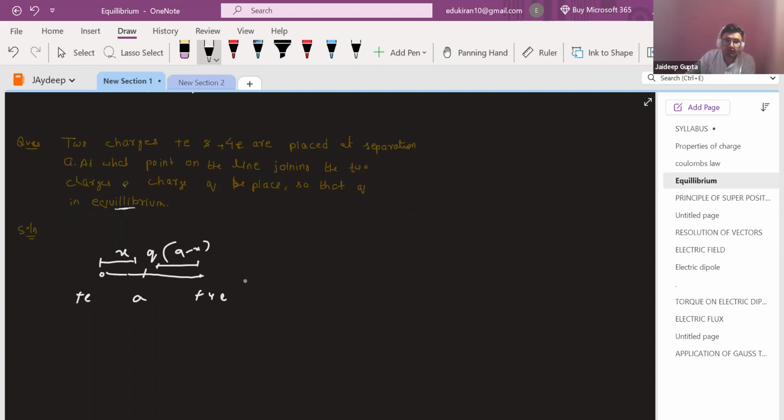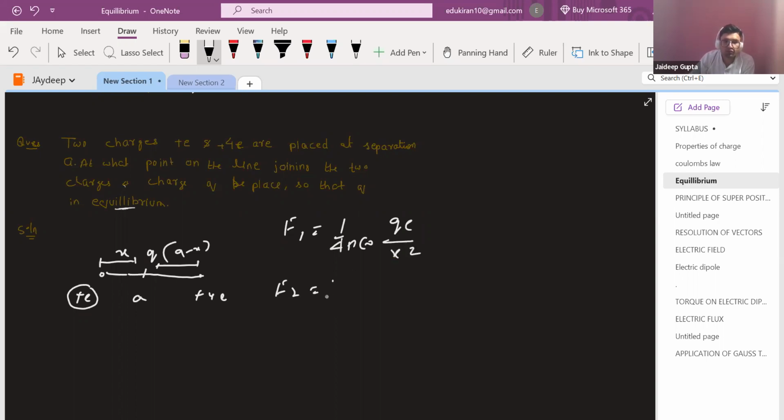Now, the question says the given charge is in equilibrium, which means the net force on Q is zero. So the net force means the force due to E and due to 4E. Let F1 be the force due to plus E. So it would be 1 over 4 epsilon, QE over X square.